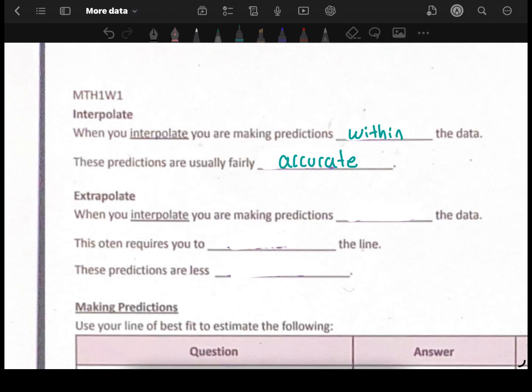When you extrapolate, you're making predictions outside the data. Sorry, I think this is a typo. It's supposed to be extrapolate here. So this often requires you to extend the line, and these tend to be less accurate.